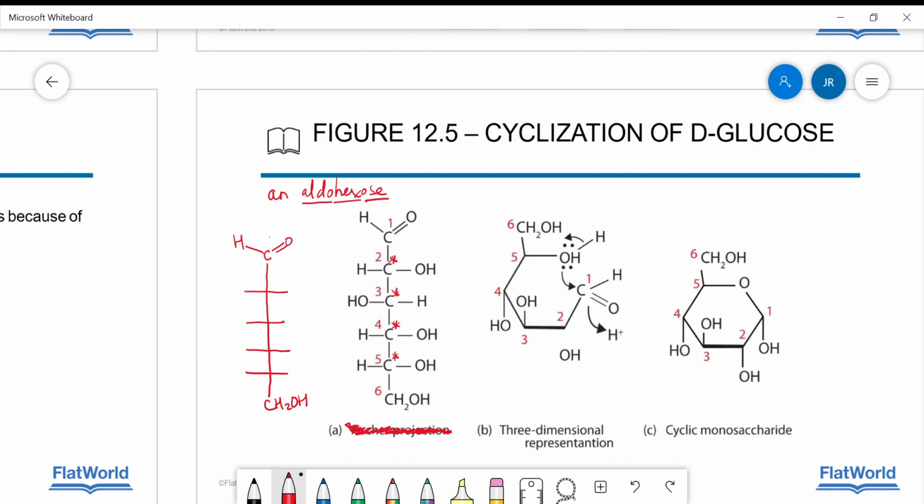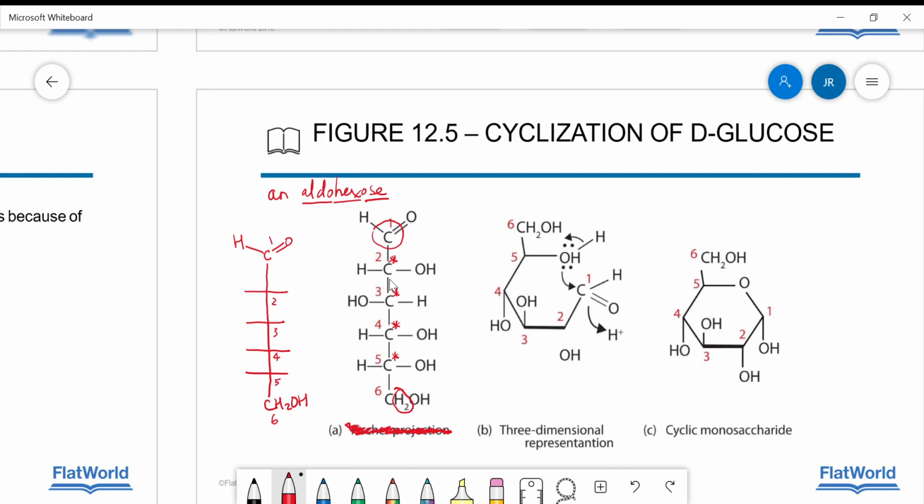Carbon 1 is not, because I've only got 3 bonds and I need 4 bonds, so that can't be a chirality center. Carbon 6 is not, because I've got 2 hydrogens, so that's 2 of the same thing. But carbons 2, 3, 4, and 5 are chirality centers.